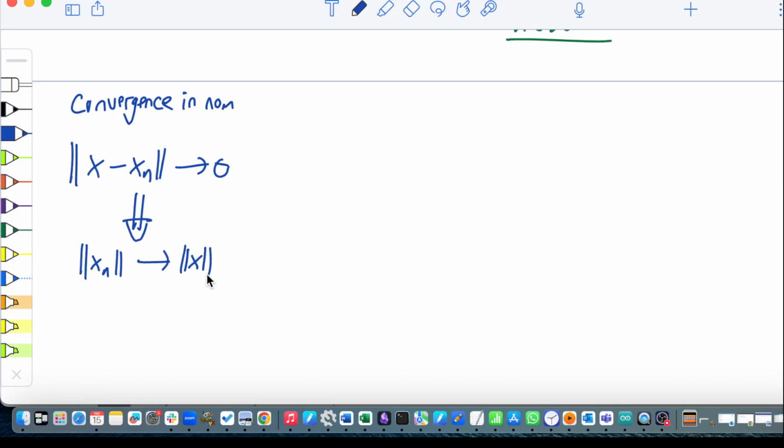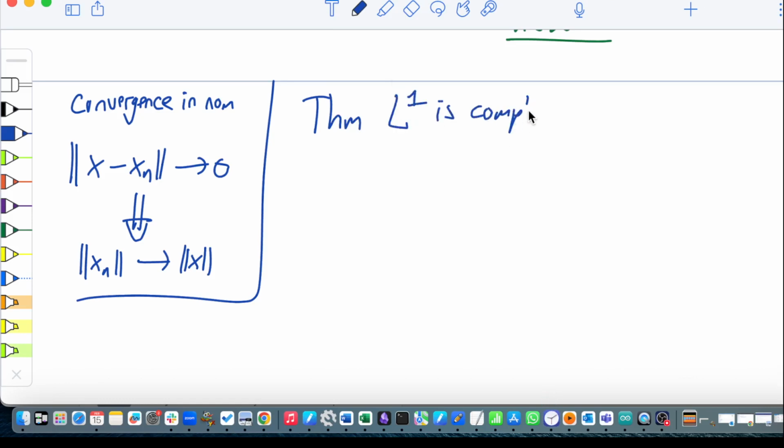Anyone else? Okay. So the first theorem we have actually does harken back to our chapter 1 days, which is we're going to prove that L1 is complete. Theorem: L1 is complete. That is, every Cauchy sequence converges, i.e. that's what complete means.